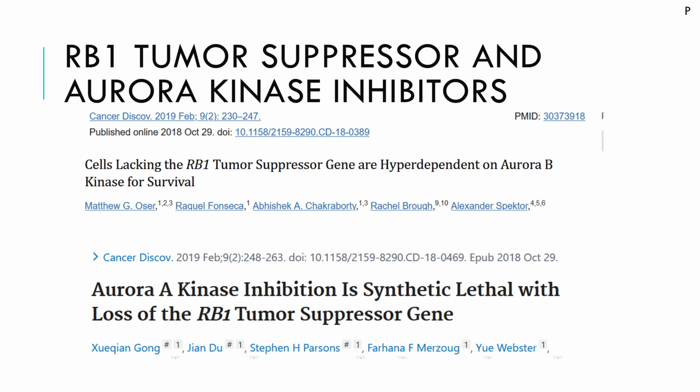There had been established an association with RB1 and synthetic lethality, but not in lung cancer. This is in a different cancer. These were actually associated with a type of throat cancer, oral cancers, as I recall. On the next slide.